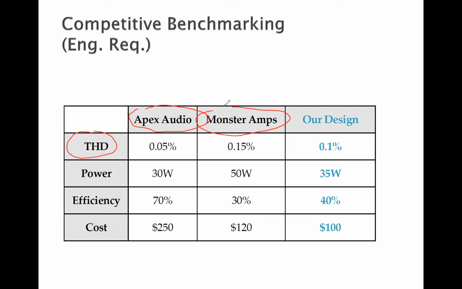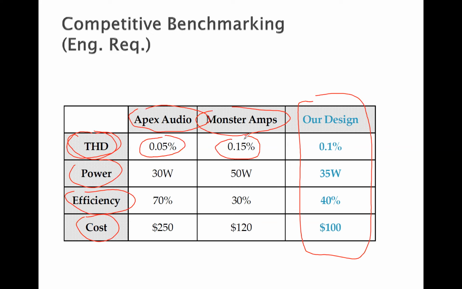I'm not sure these are valid trademarks, but let's suppose that these are two products in the market, and we'd like to determine the engineering requirements here, the values, the figures here. For Apex Audio, that's 0.05%. For Monster, it's 0.15%, and we somehow determine in between these two, so 0.1%.